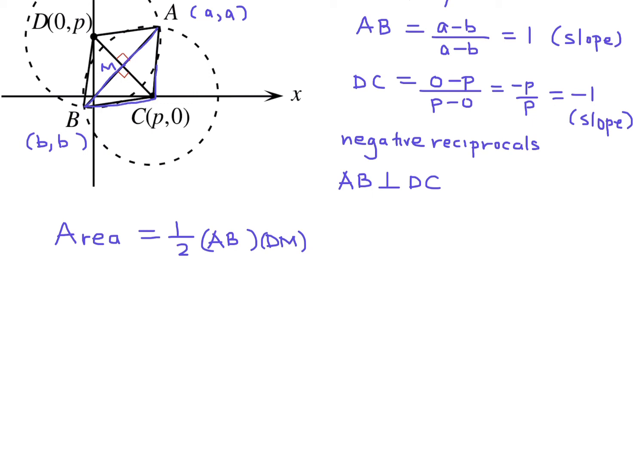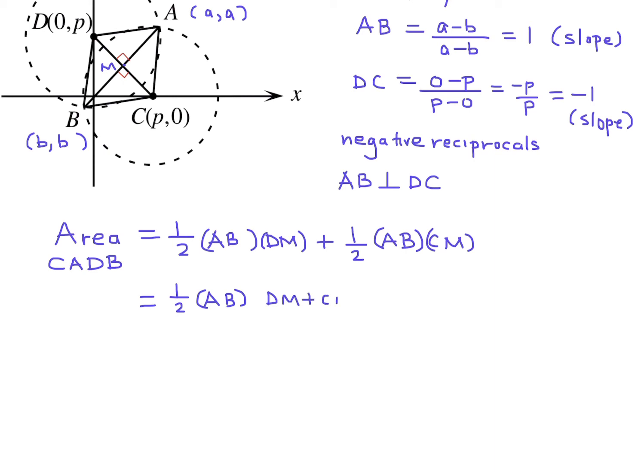And then I've got to add this triangle to get the total area. So that other triangle will be 1/2 base times height in a very similar way. That's AB times CM. All right. We factor out AB, and that just gives me DM plus CM.